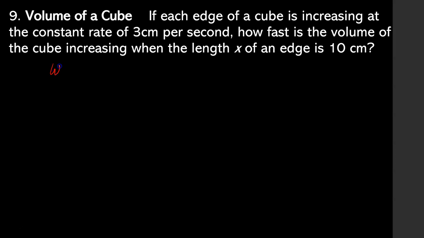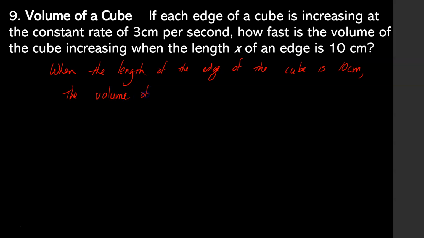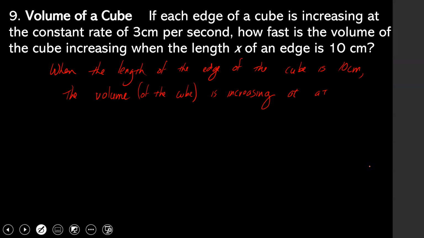So, when the length of the edge of the cube is 10 centimeters, the volume of the cube, I suppose we could say that, is increasing at a rate of 900 centimeters cubed per second.